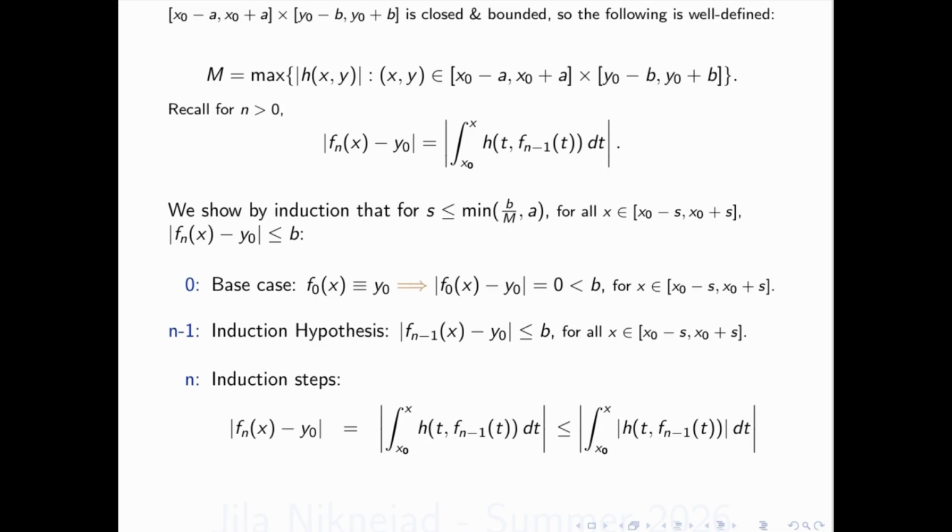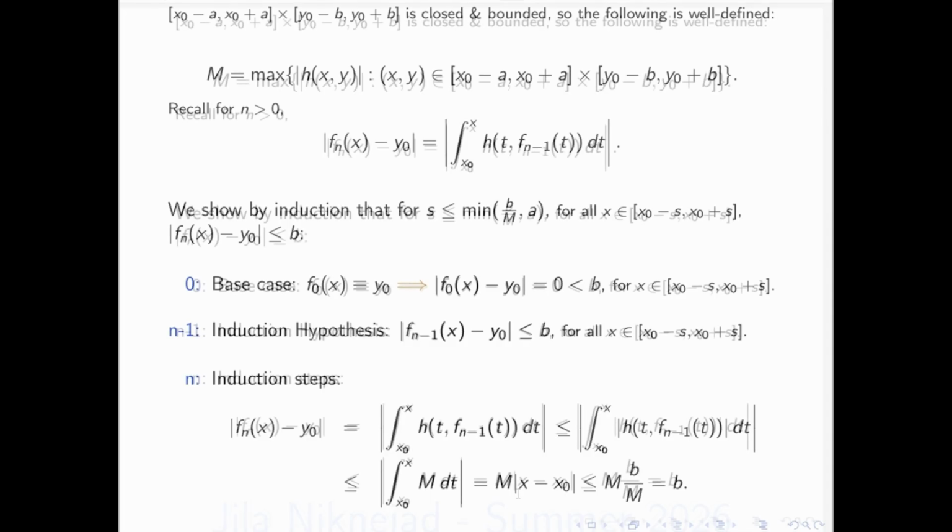That is less than or equal to the absolute value of the integral from x naught to x of the absolute value of h of t and f sub n minus 1 of t dt, which by definition of m is going to be smaller or equal to the absolute value of the integral from x naught to x of m dt, which is equal to m times the absolute value of x minus x naught.